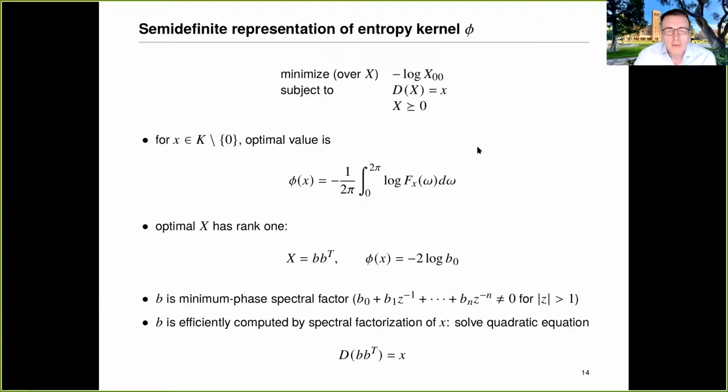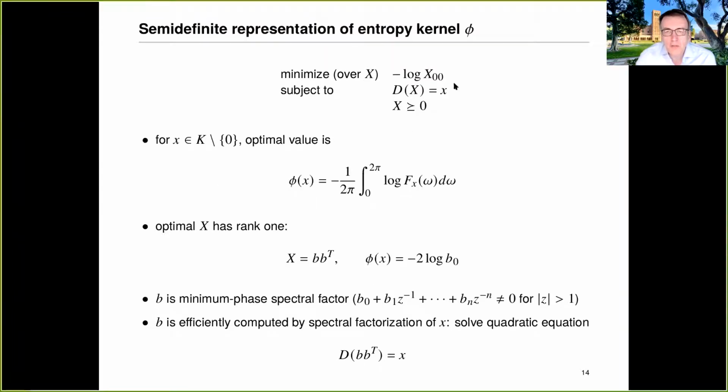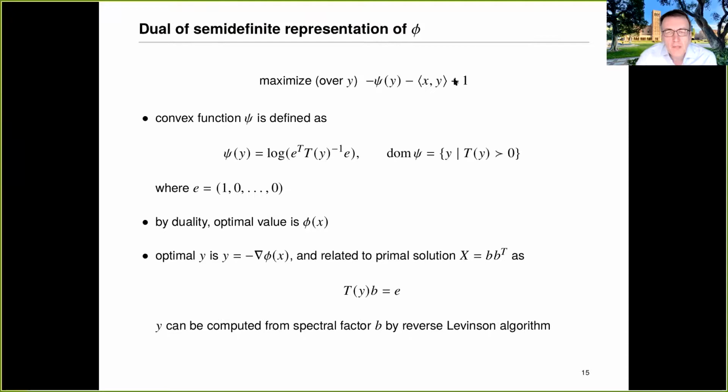So if you look at the dual of this problem, we get something that can be written like this. We have a dual variable y, a vector, which is actually the Lagrange multiplier for the constraints, a linear term, and then this psi function is a function of y. So it's defined for all y that define a positive definite Toeplitz matrix. If you construct a Toeplitz matrix with coefficients y, you get a positive definite matrix.